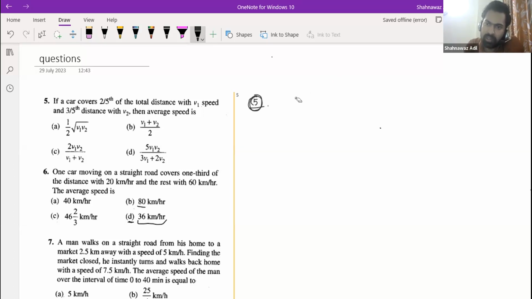Yes, so this is done in two parts. This journey is a two-part journey, right? So let's say that total distance is x. From A to C, total distance is x. Then how much are they covering in the first part?